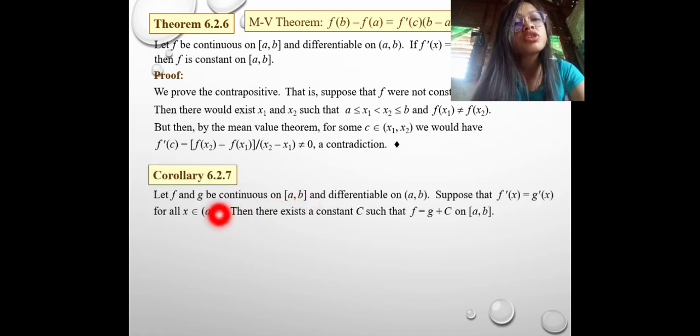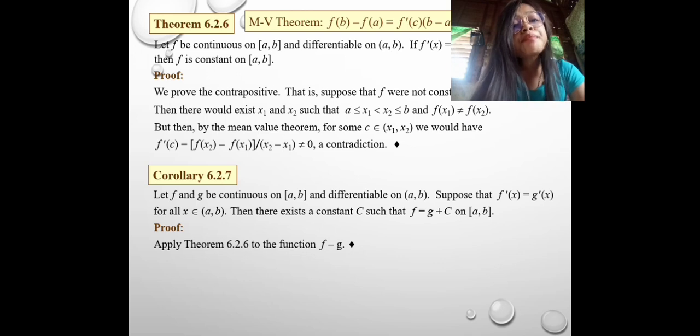Corollary 6.2.7. Let functions f and g be continuous on [a,b] and differentiable on (a,b). Suppose that f'(x) equals g'(x) for all x in (a,b). Then there exists a constant c such that f equals g plus c on [a,b].